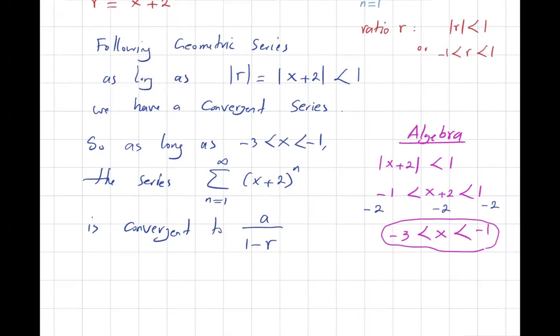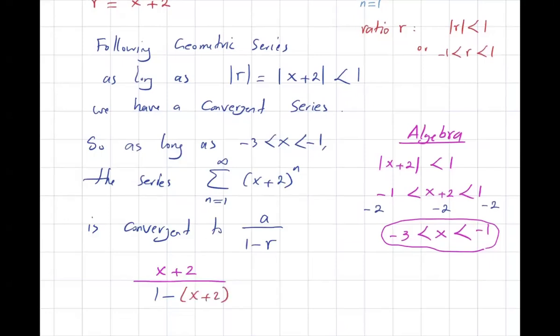Your a is basically x plus 2. So let us write this guy down with a different color. You get x plus 2 divided by 1 minus r, but r is equal to x plus 2 as well.